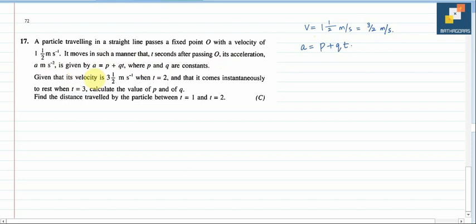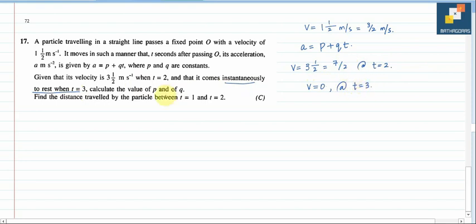Given that its velocity is 7 divided by 2 meters per second when the value of time is 2, and that it comes instantaneously to rest, so the velocity is 0 when t equals 3.